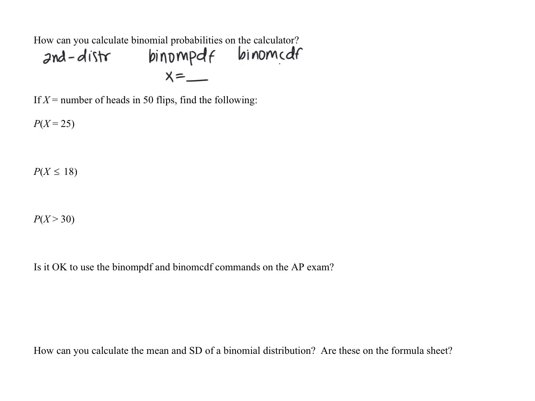CDF, which is cumulative, does x is less than or equal to some number. In both cases, the calculator wants to know how many trials are there, what is the probability of success, and what is the x value.